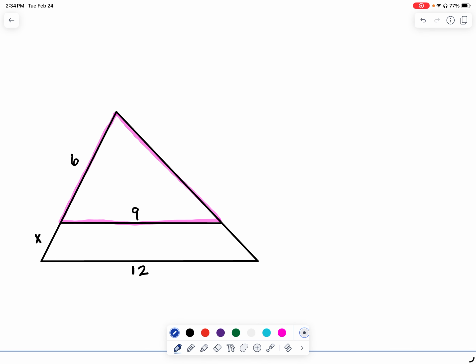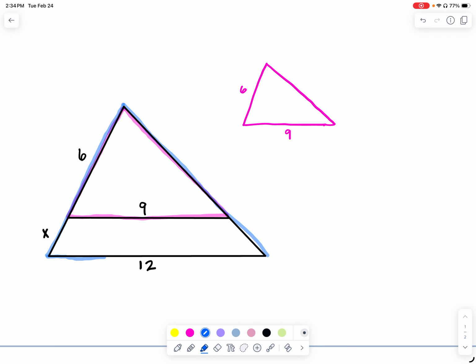So I'll go over to the side here and redraw this, set up a small triangle and recopy the 6 and the 9. Now I also have a bigger triangle, which we can imagine is sitting underneath that smaller triangle and sticking out a little bit more along the bottom.